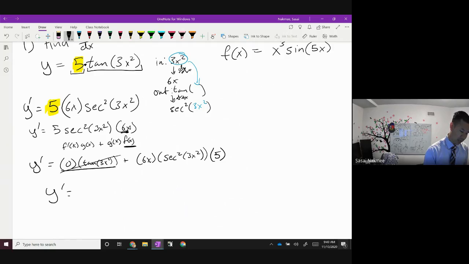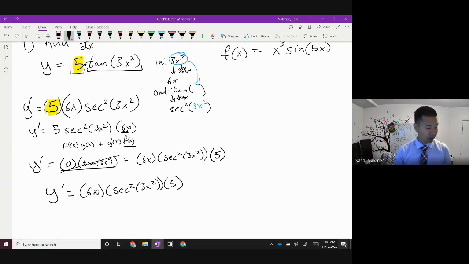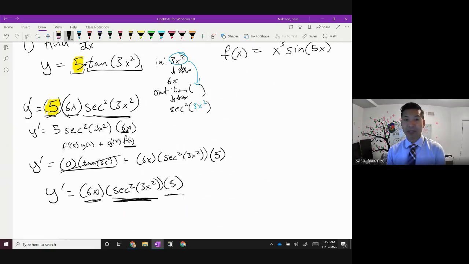And I have here y prime is equal to 6x times secant squared of 3x squared times 5, which is the same exact thing that I got with that first one, with a little bit of extra work. Does that make sense? The 6x matches up with this 6x, this 5 matches up with that 5, and the secant squared of 3x squared matches up with this one right here. So you get the same answer.